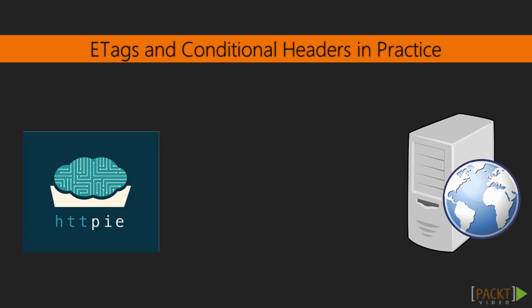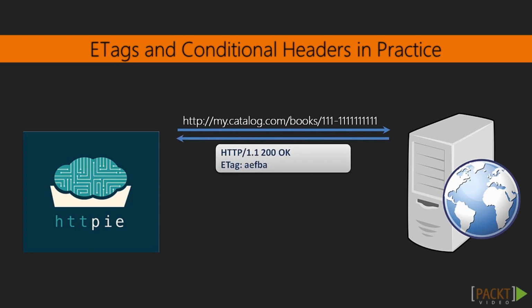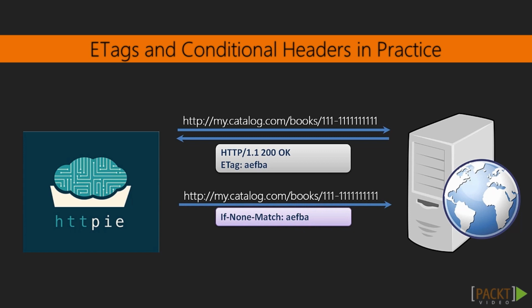The client, let's say the one we already know about, HTTPie, sends the request to get the book from the catalog by its ISBN. Along with the response and book payload, the server sends an ETag header assigned to this particular book representation. Next time, if the client requests the same book again, it sends the If-None-Match header with the ETag value received from the server before.